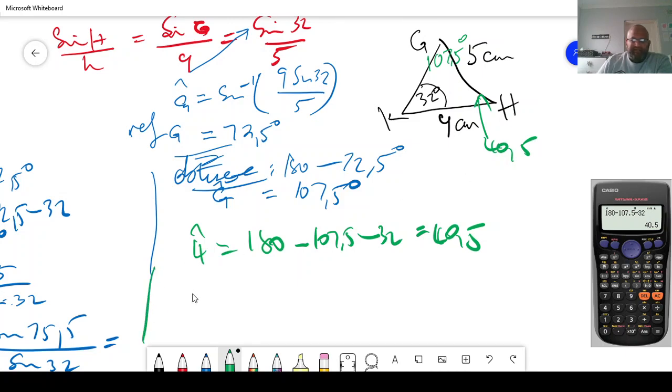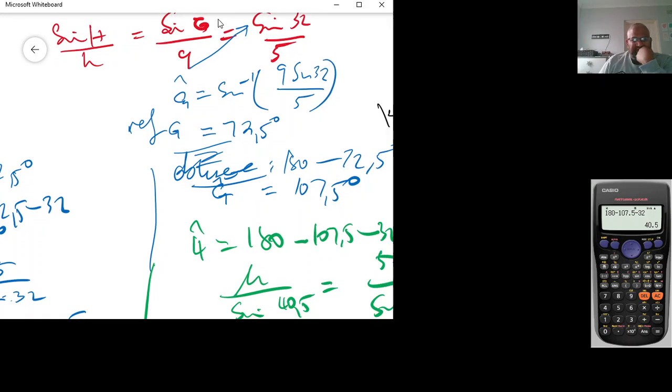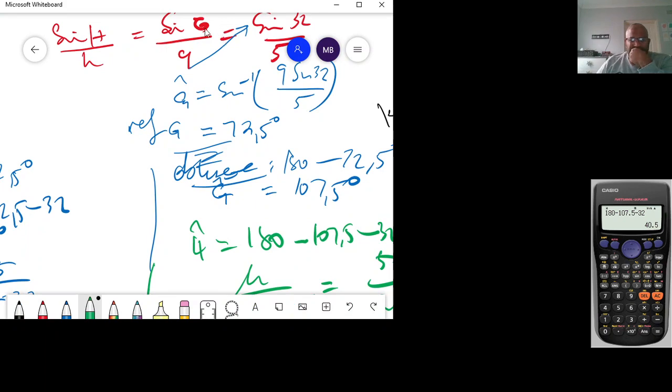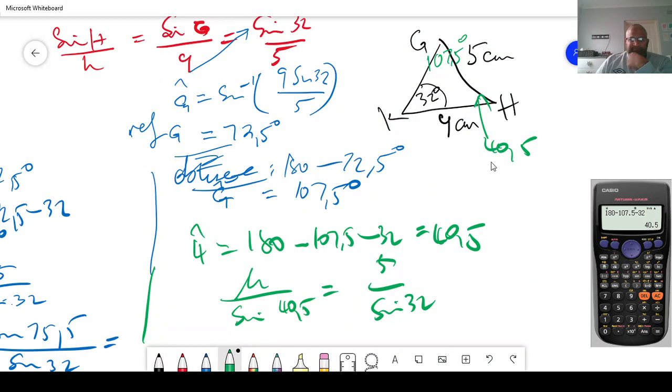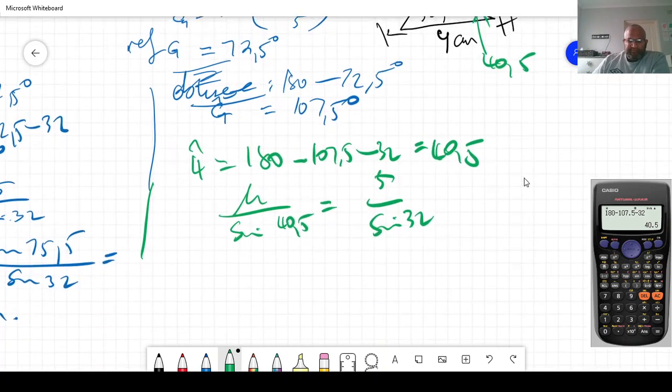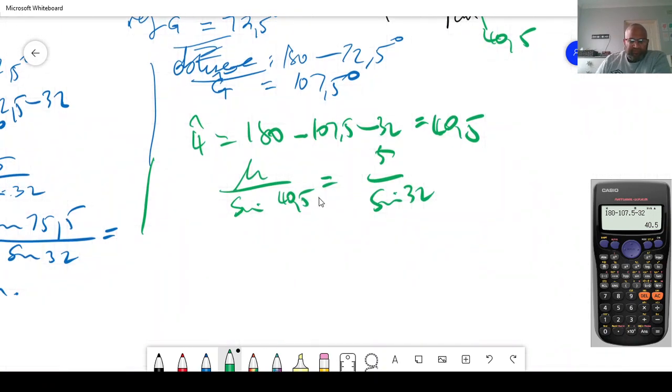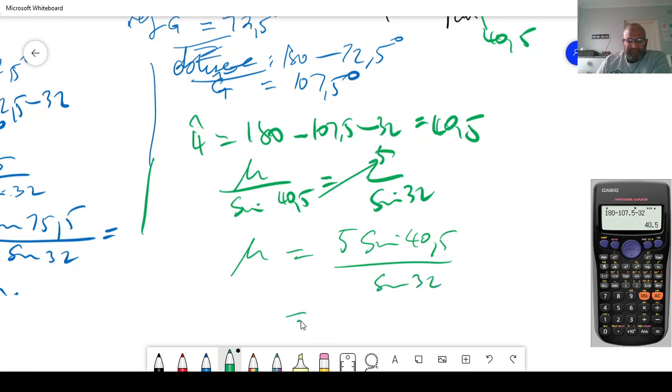Now to calculate lowercase h, so h over sine of 40.5 is equal to 5 over sine 32. Remember, that was the known angle there. So we're just going to take 40.5 up, so h is equal to 5 sine 40.5 over sine of 32.